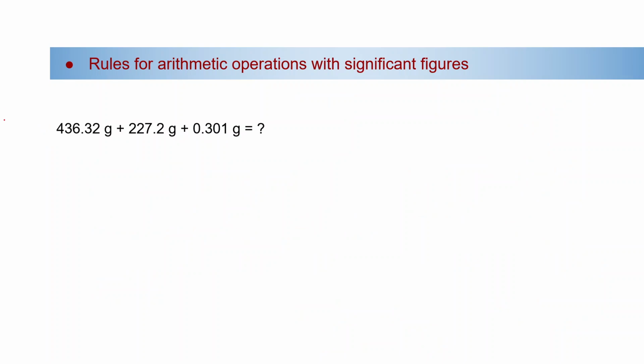Here we have three weights of, I don't know, maybe different kinds of fruits or some chemical. Let me write them like this: 436.32 grams. Another weight is 227.2 grams, only up to the first decimal digit. The third is 0.301.